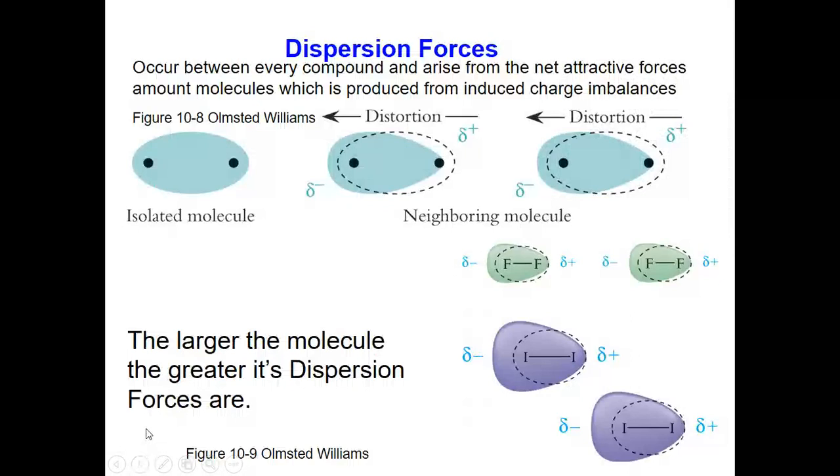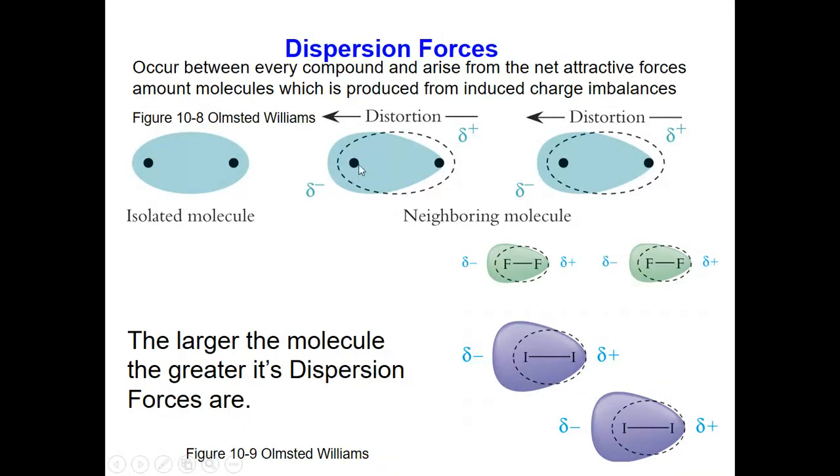Okay, so this is just more of a picture of what they were showing in that video. If you have a molecule or an atom by itself, the electrons are distributed very symmetrically around the atom or molecule when we're talking about a nonpolar molecule.